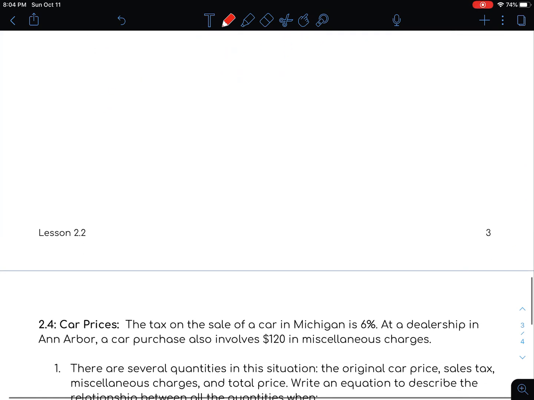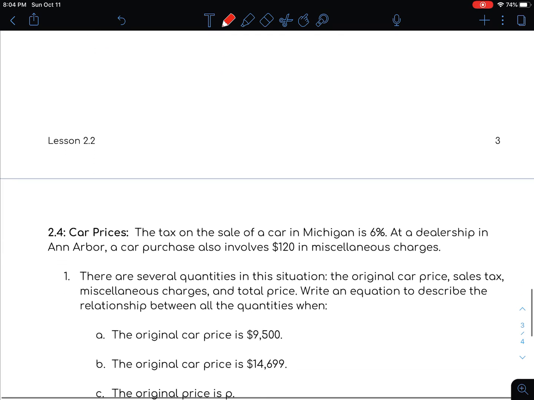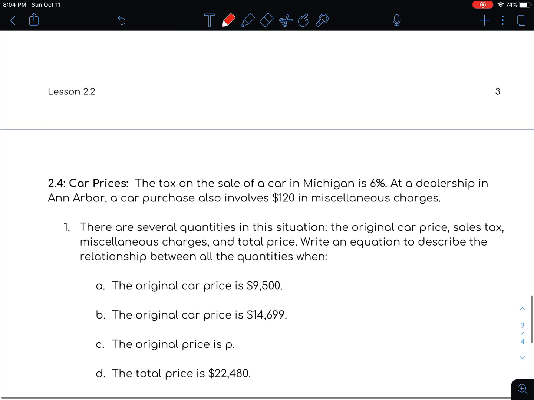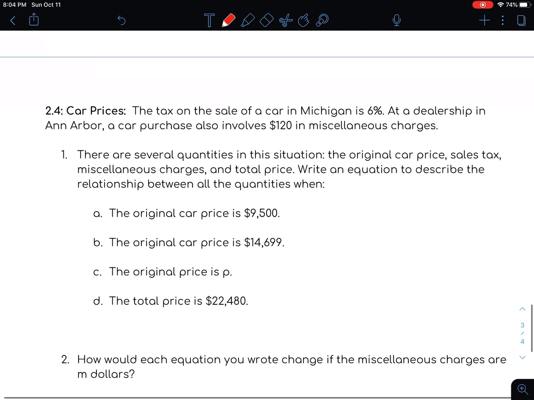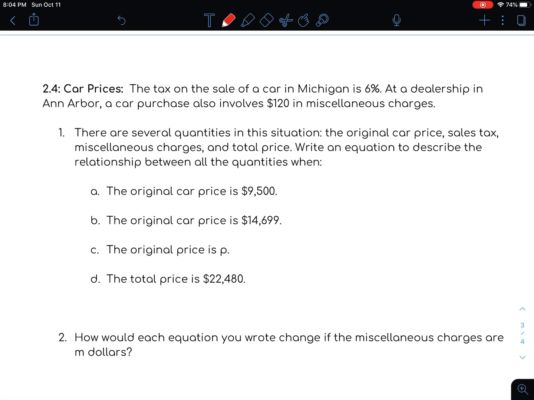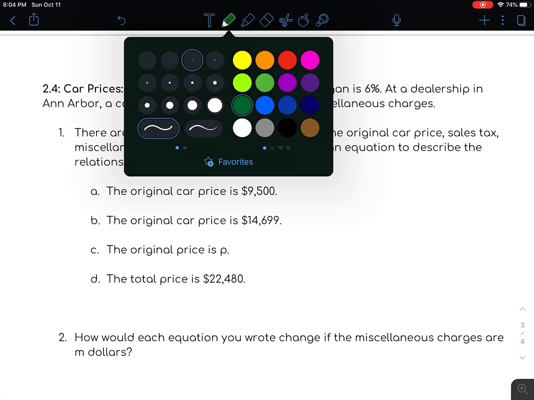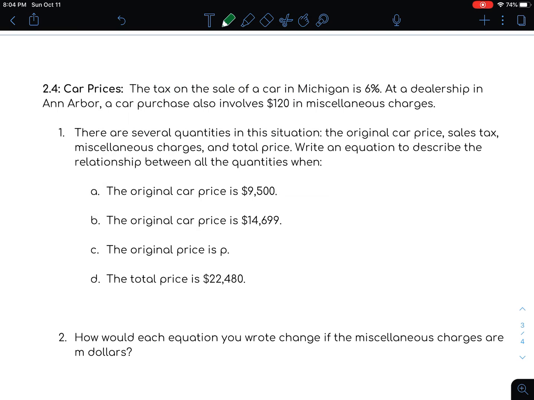So in each one of our situations, we are coming up with an equation to represent it, and sometimes you know the values of the variables, and sometimes you don't, but we can use each one of them to represent a particular situation.